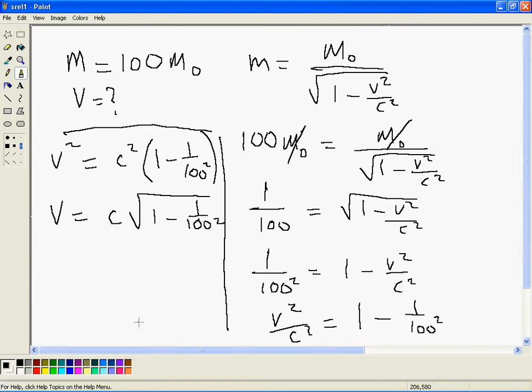Now, that turns out to be approximately, taking c equal to 3 times 10 to the power of 8 meters per second, therefore v is equal to 2.99985 times 10 to the power of 8 meters per second.